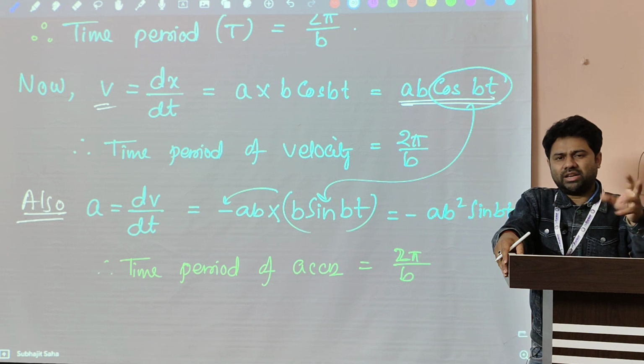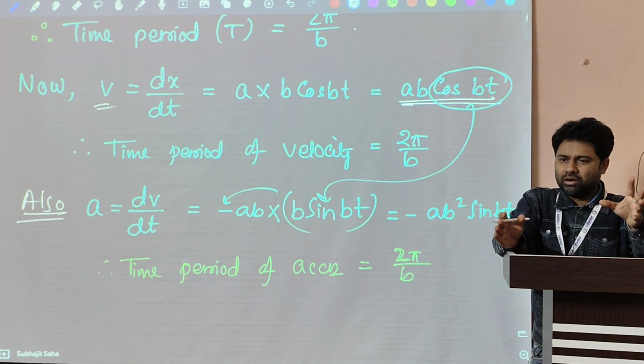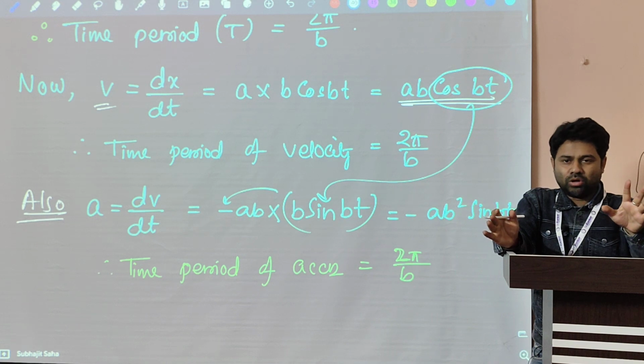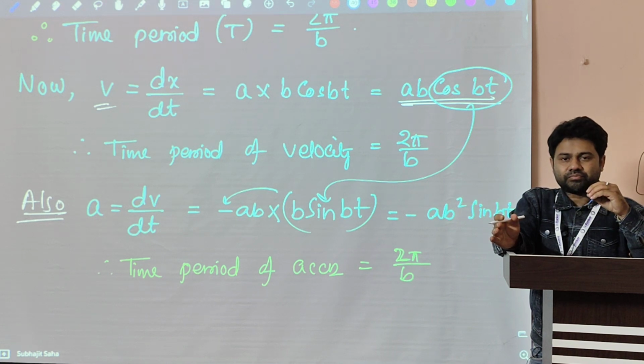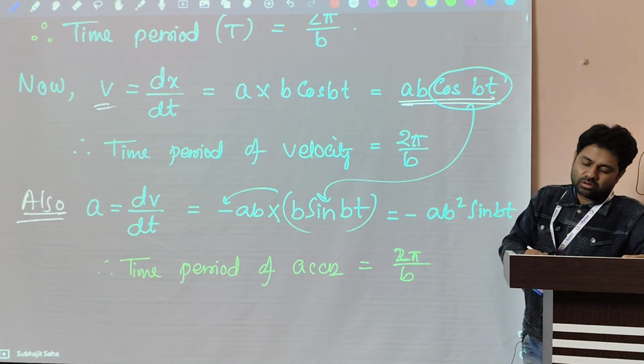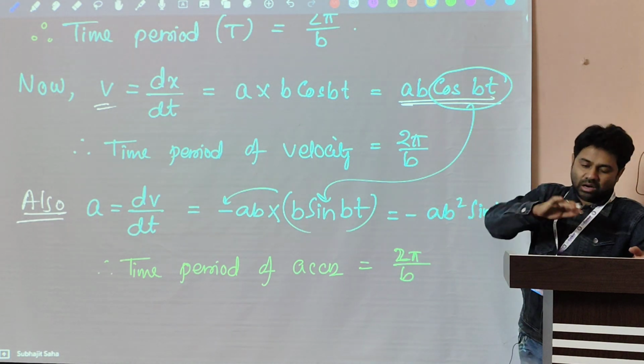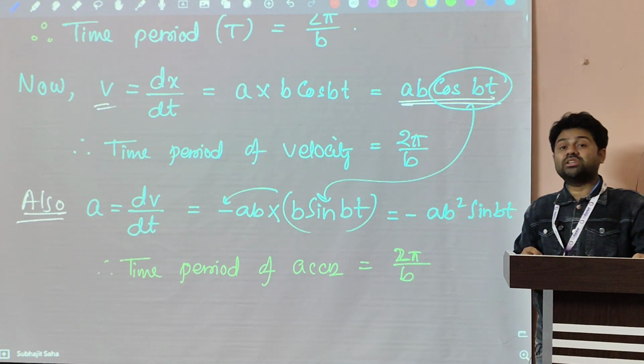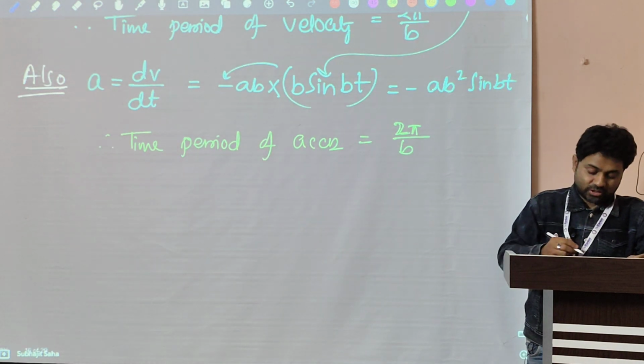Values of acceleration, velocity, and displacement all are periodic, repeating after the same amount of time, 2π/b. Clear? Now we are equipped to learn what simple harmonic motion is.